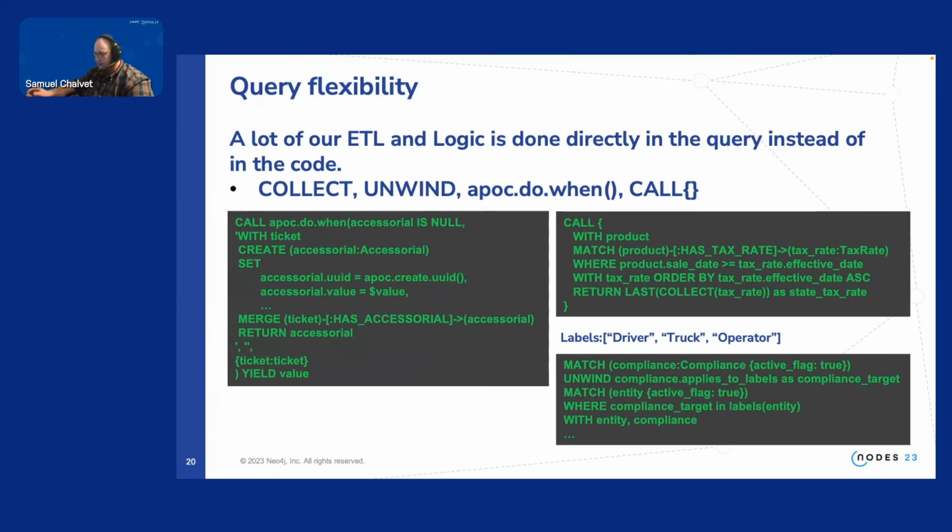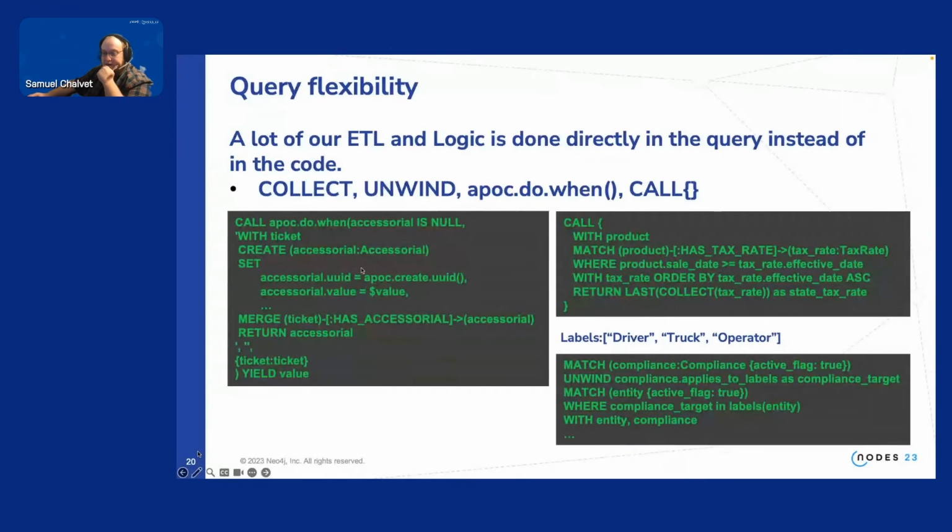Neo4j offers a lot of functions that you can use to update nodes, create nodes, and do all that directly in the query itself, and just return the results. So using stuff like APOC, in this example here, I'm just checking to see if an SSORL exists. If it doesn't, then I create it, I attach it to the node that I want it to be attached to, and then I return it.